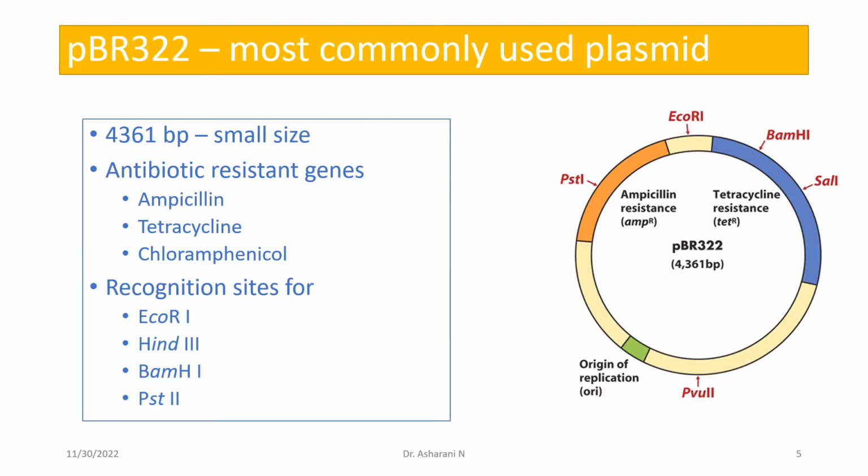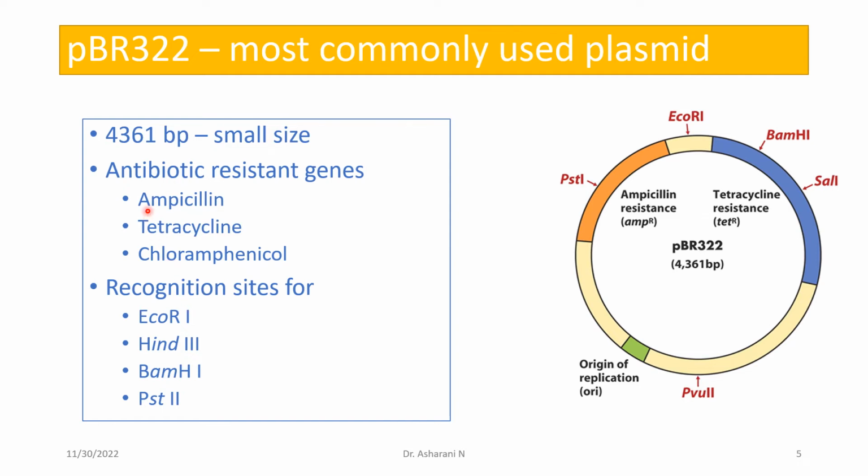pBR322 is the most commonly used plasmid as a vector in recombinant DNA technology. Why so? Because there are so many features. It is very small in size, having only 4361 base pairs. If it is very small, it helps in easy incorporation into the host cell. It has many antibiotic resistant genes.